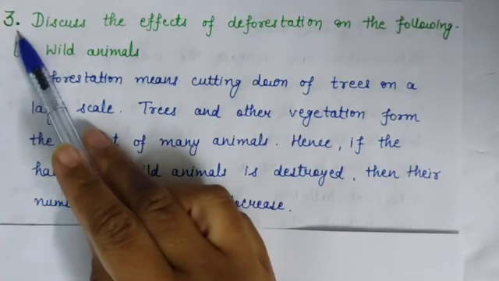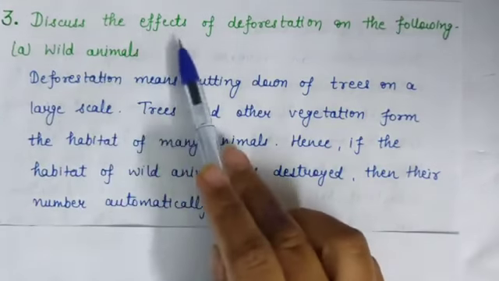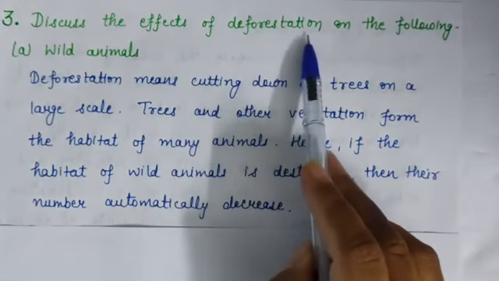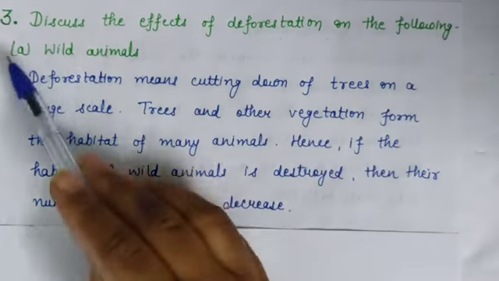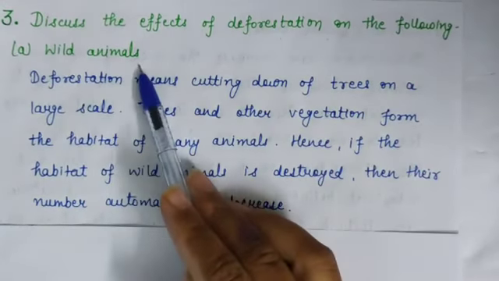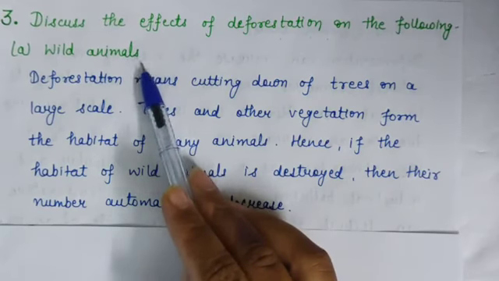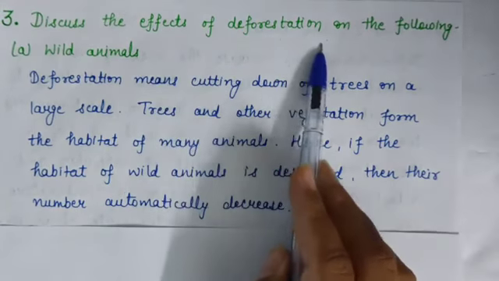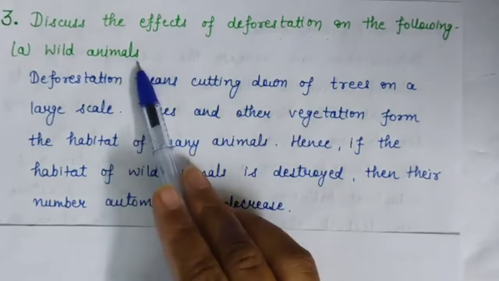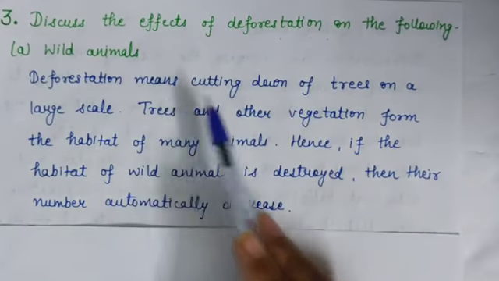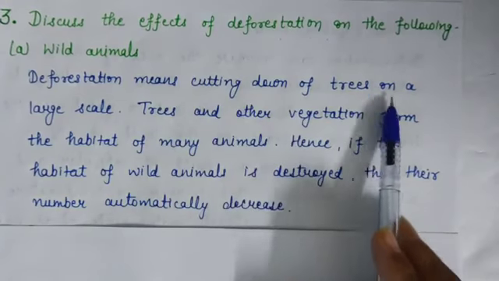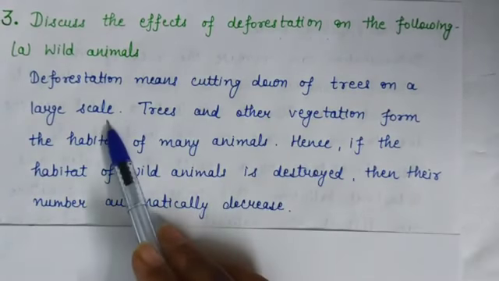Now, question number 3 is discuss the effects of deforestation on the following. First is wild animals. Means you have to write the effect of deforestation on wild animals. We know that deforestation means cutting down of trees on a large scale.